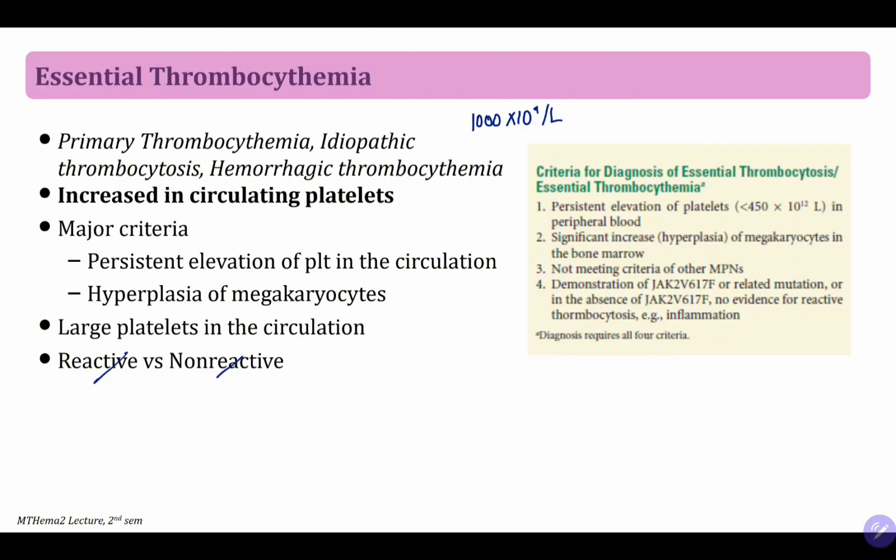Now, here on the right side is the criteria for the diagnosis of essential thrombocytosis or thrombocythemia. As per WHO, the patient would be diagnosed with ET if the patient would be able to meet all the criteria given here. Okay, so aside from polycythemia vera, JAK2 kinase is also a mutation present in your essential thrombocythemia.